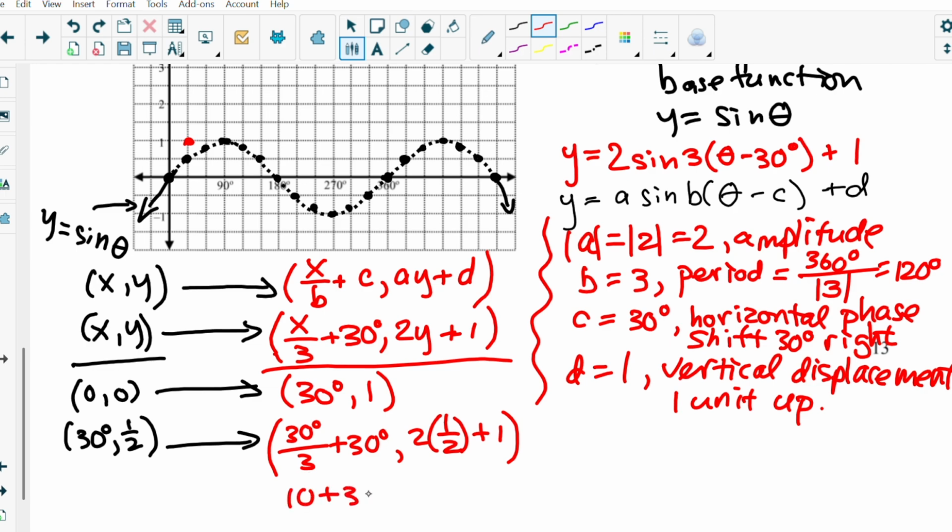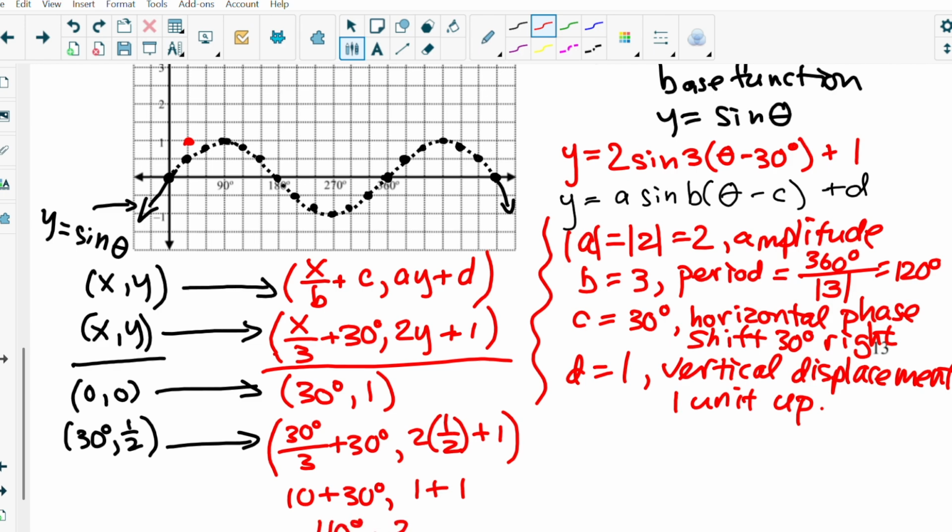Well, that is 10 plus 30 degrees, comma, 2 times 1/2 is 1 plus 1.